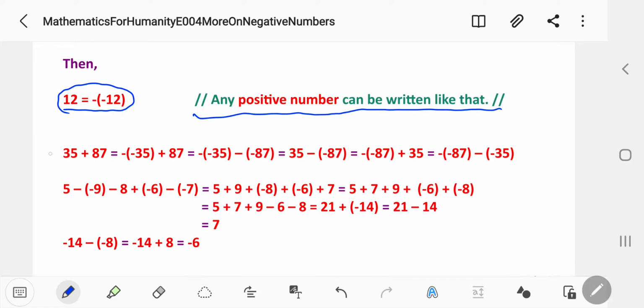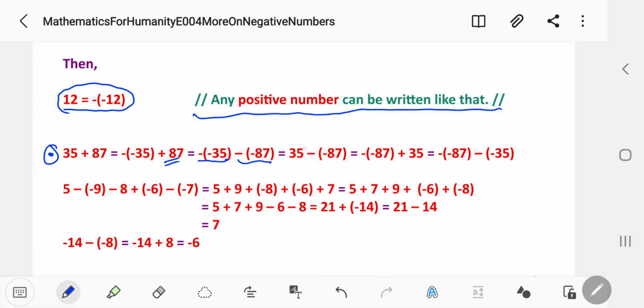So in this example here, you have 35 plus 87. You can write 35 this way and then leave 87 untouched. And you can also write it this way, and then the 87 here can be written as minus negative 87.